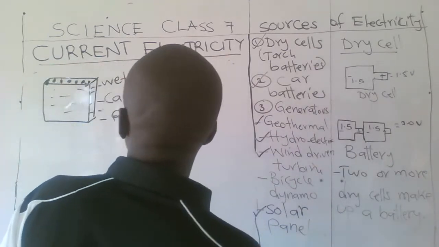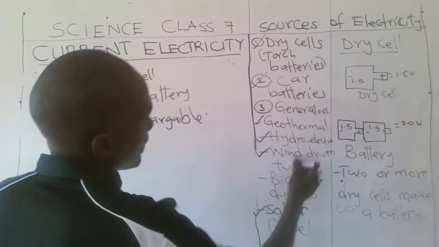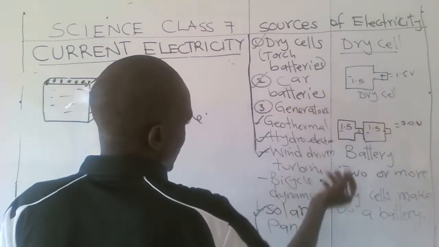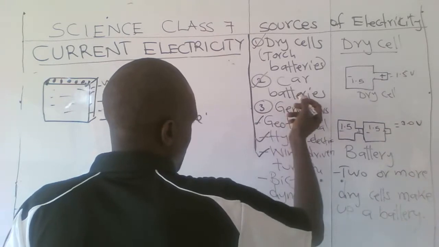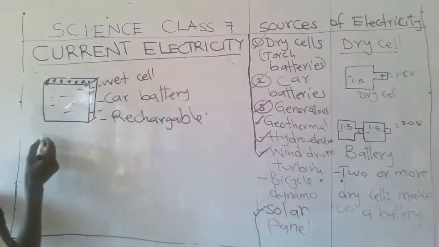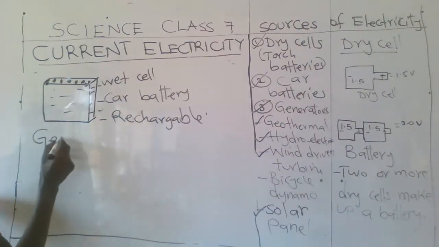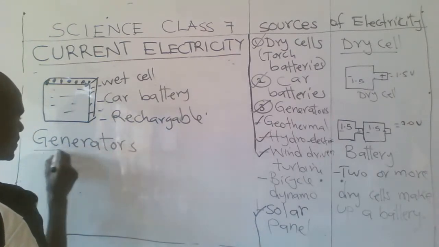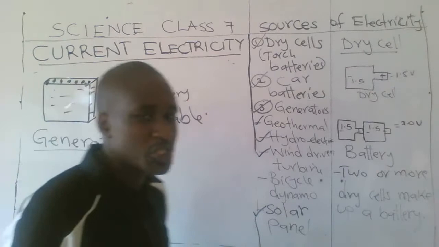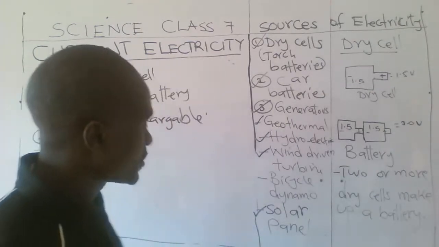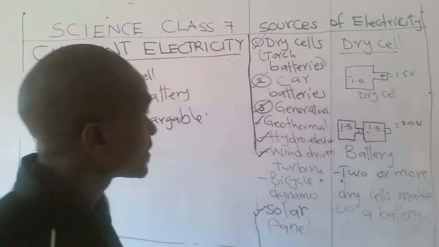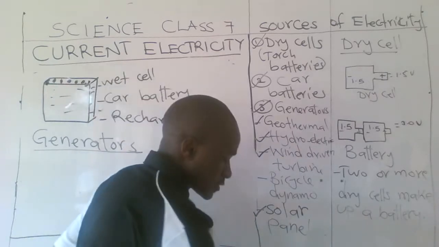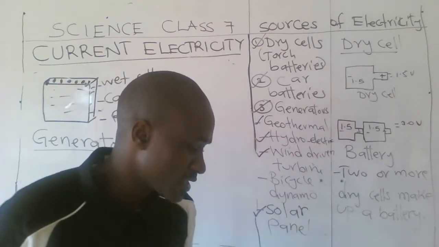Now I want us to come to the next step, which is generators. Let's say something about generators. Generators, from the word generate, means they generate electricity. I want us to say something about these generators.